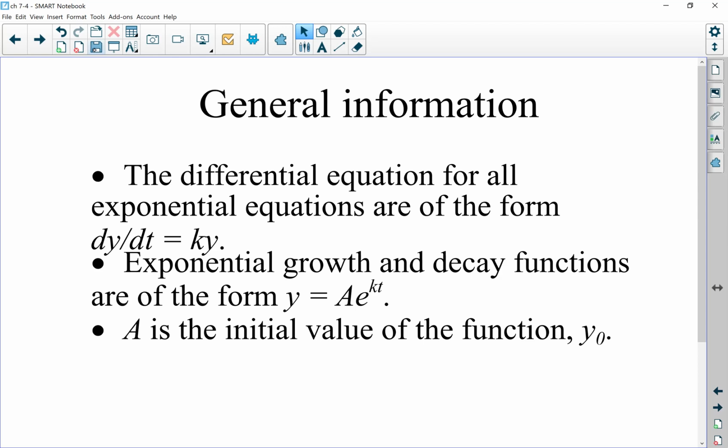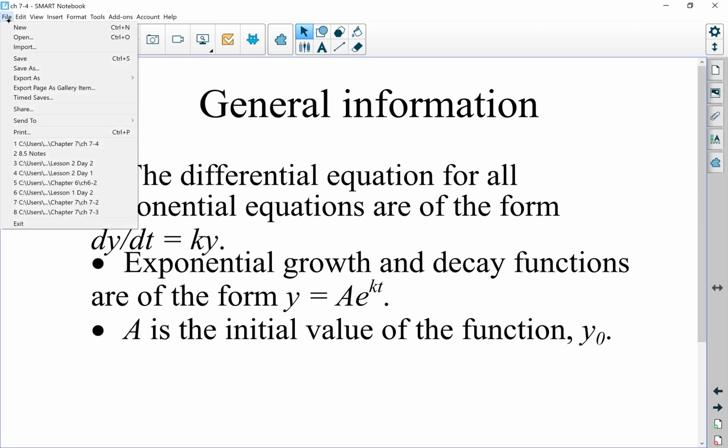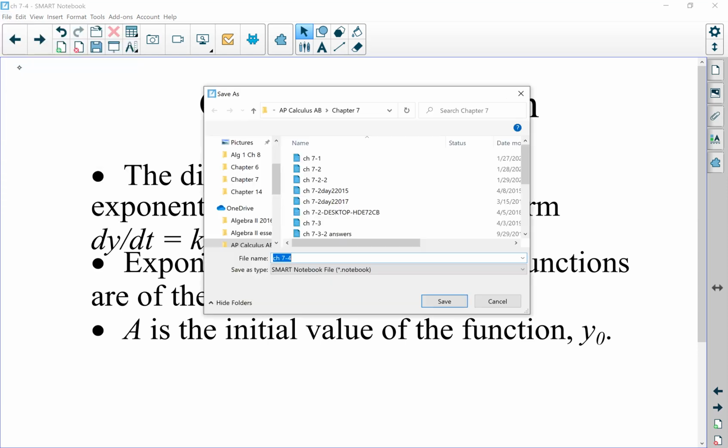So oftentimes we get the information we need just from the equation, or just from our initial information, to write the equation, that's what I meant to say.